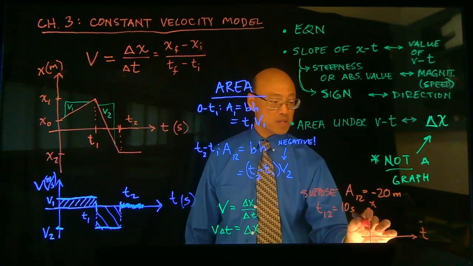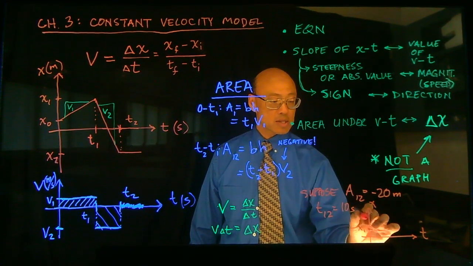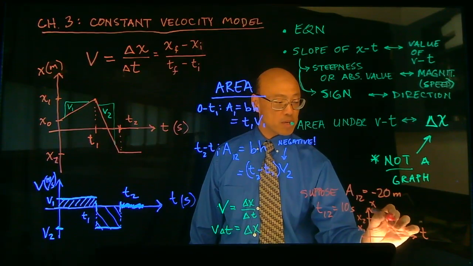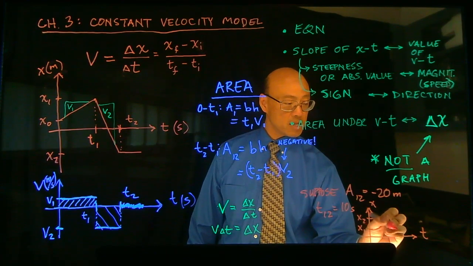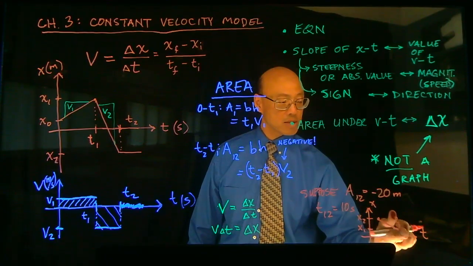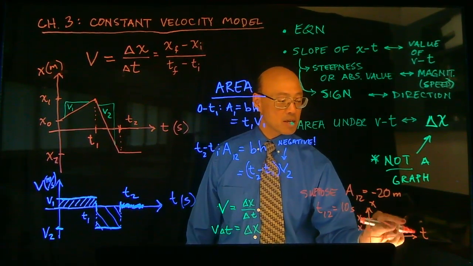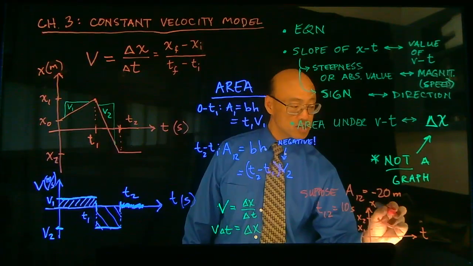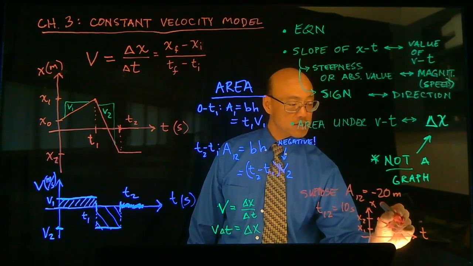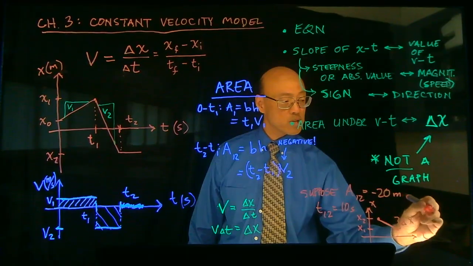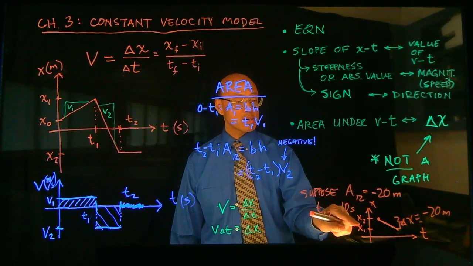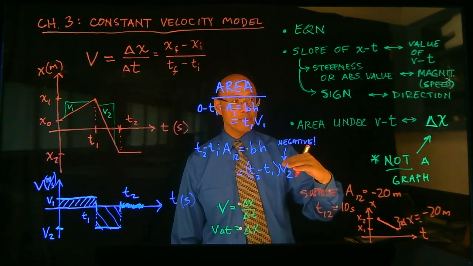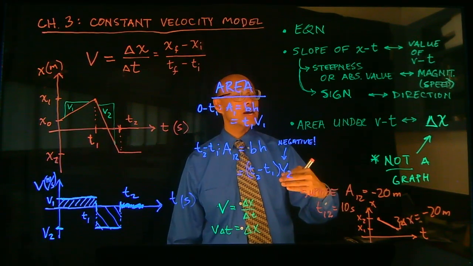What does it tell me? It tells me that from x1 to x2, there should be a negative slope, where the change, this delta x, is minus 20 meters, right? I don't even know if it started more positive.